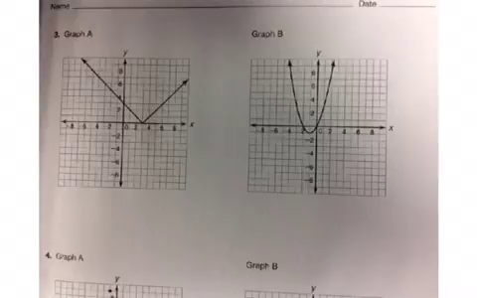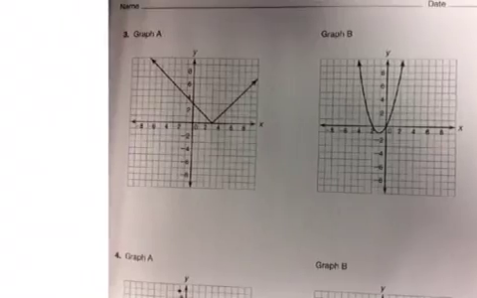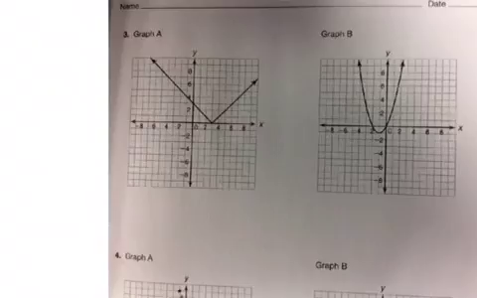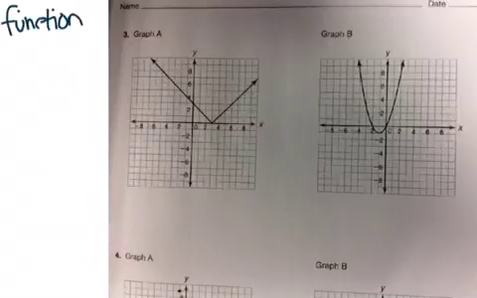The things that I want you to talk about when you're doing these: you need to talk about why they were put together, and whether it's a function or not. Is it discrete?